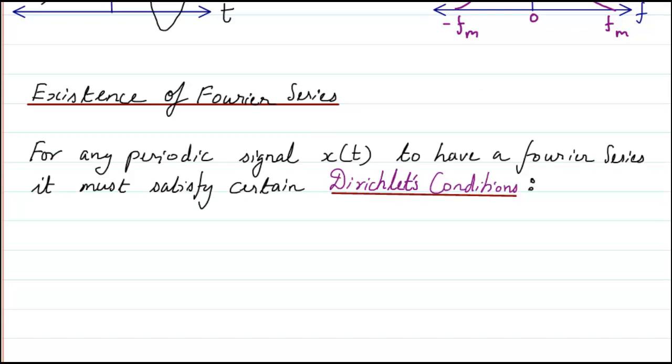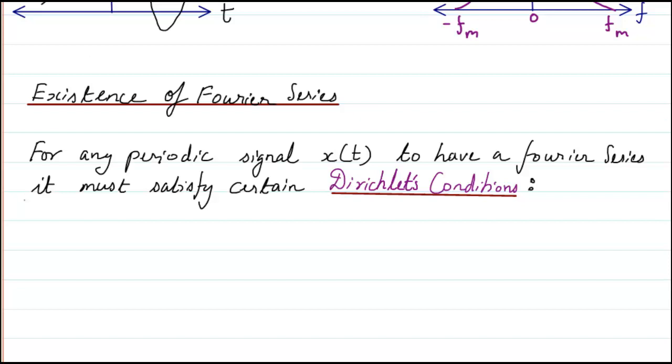For any periodic signal x of t to have a Fourier series, it must satisfy certain conditions which are called Dirichlet's conditions.